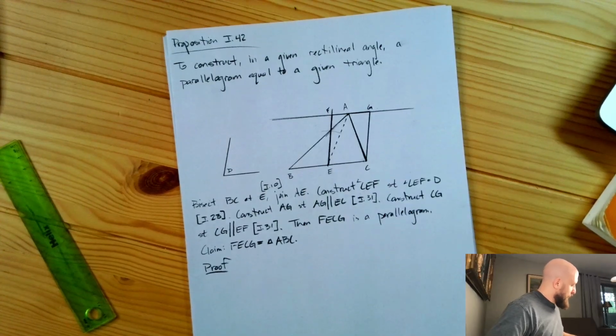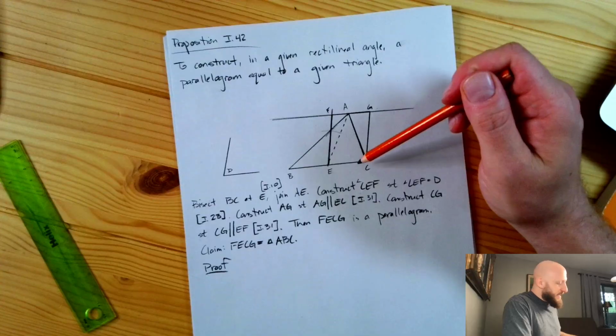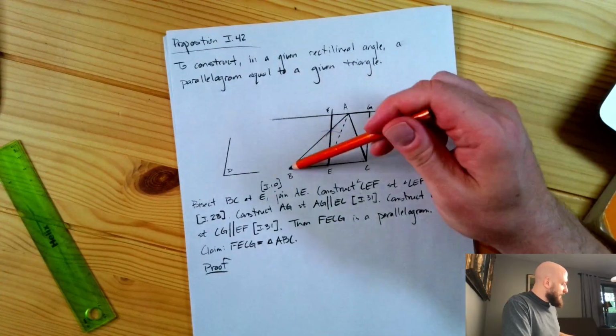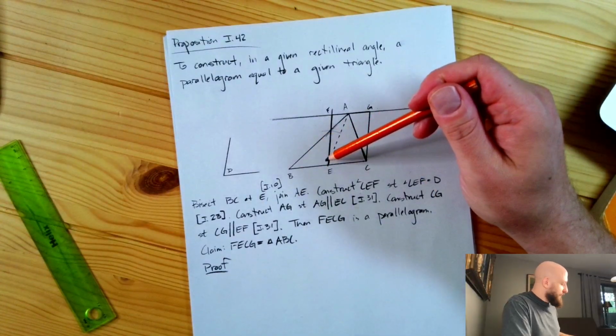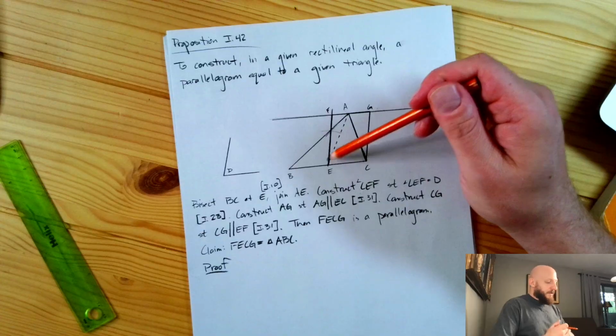All right. Well, since BE is equal to EC, triangle ABE is in the same parallels as AEC.